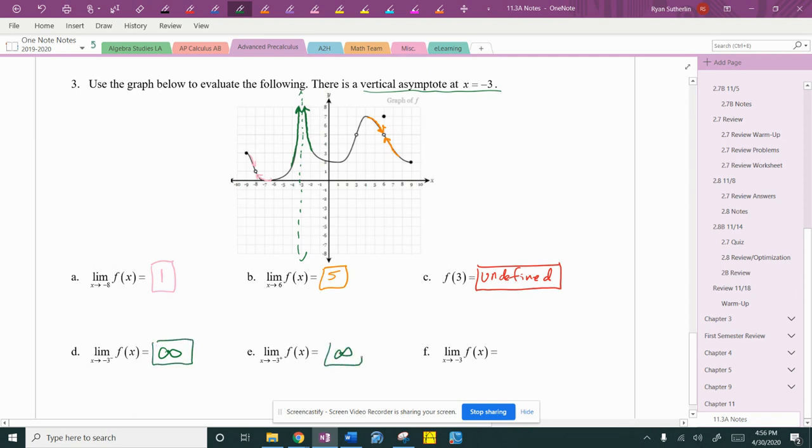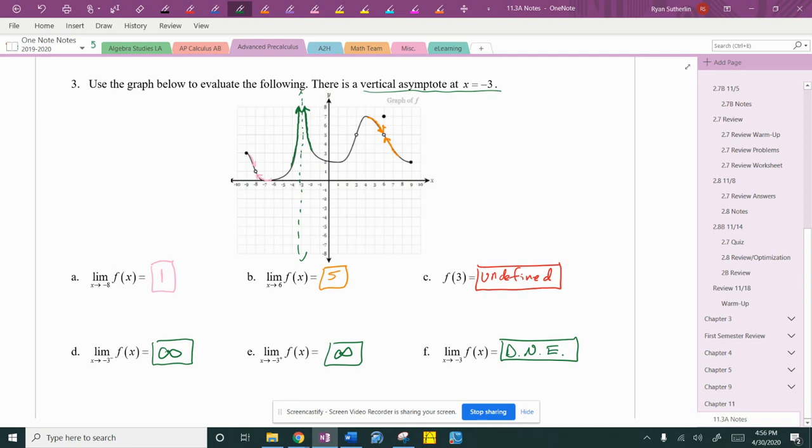Now here's the thing. Infinity doesn't necessarily equal infinity. It doesn't represent a finite definite number. So we actually say this limit as x approaches -3 does not exist. And that's a tricky one, but one you'll get used to seeing as you explore limits a little more.